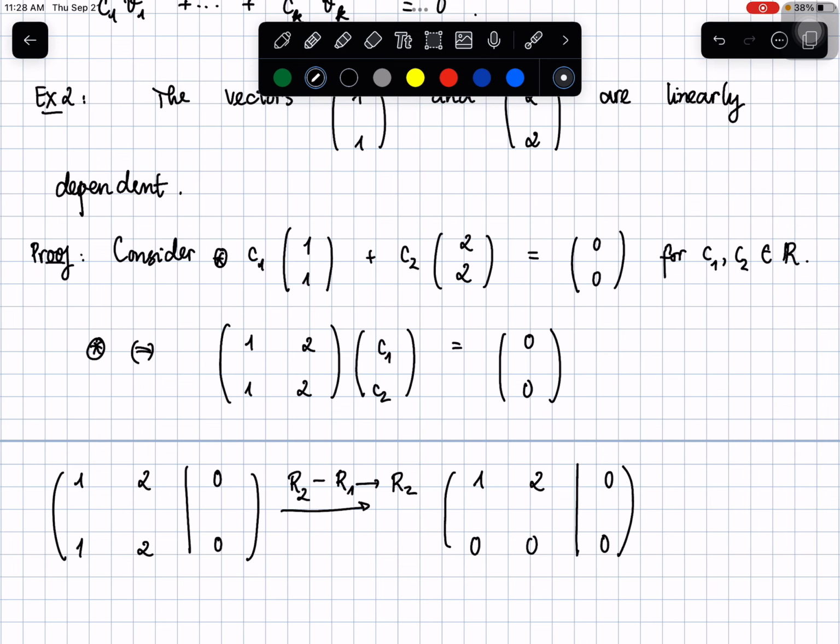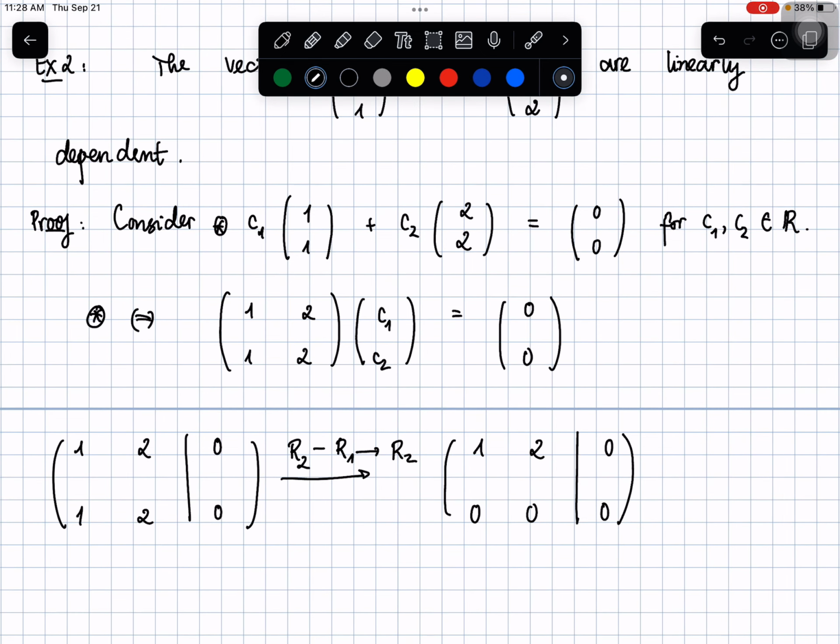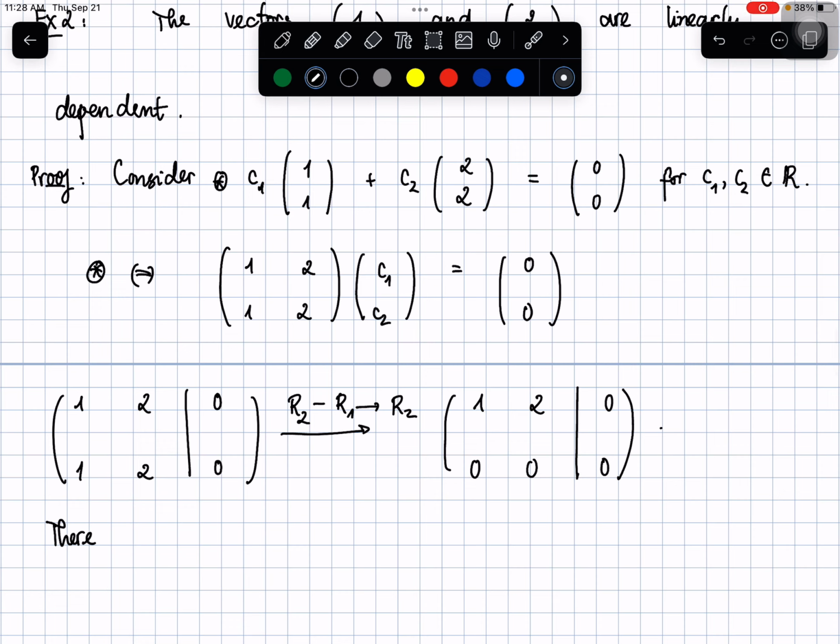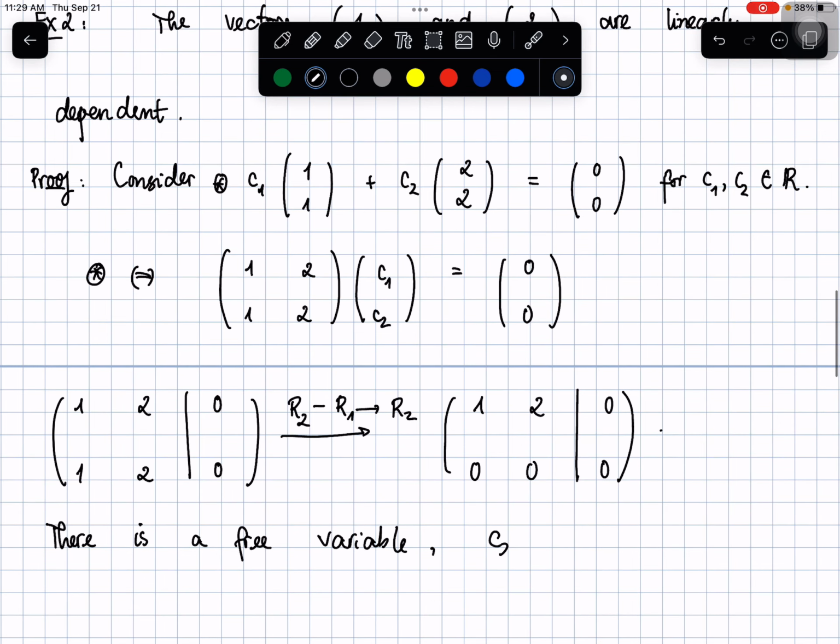Usually we do it like this, and there are 2 variables, right? We can handle it by setting c2 equal to alpha.